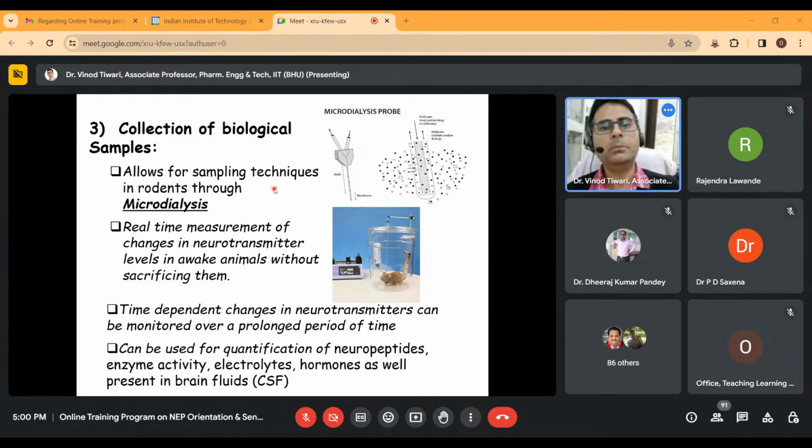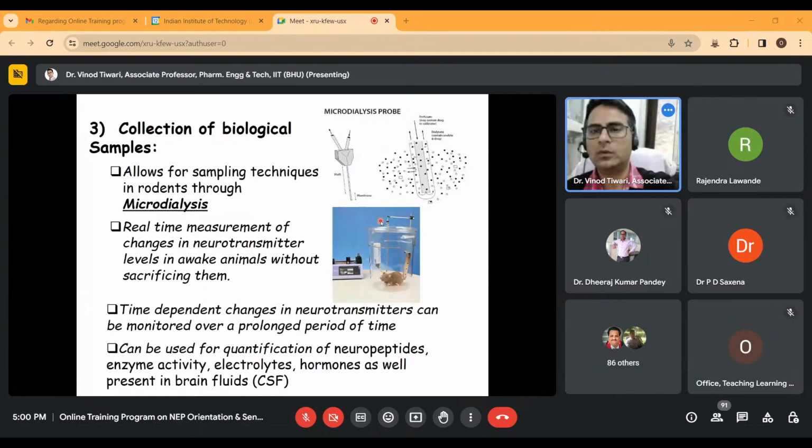The same thing preclinical scientists do in the animal models. So for this they use a microdialysis probe. Now this microdialysis probe is very expensive because it has a different mechanism to filter the macromolecules from the cerebrospinal fluid, because there are different proteins and other things present. But if it doesn't filter everything, then everything will come out in the CSF.